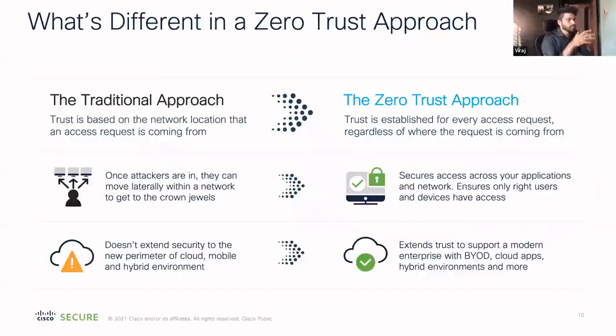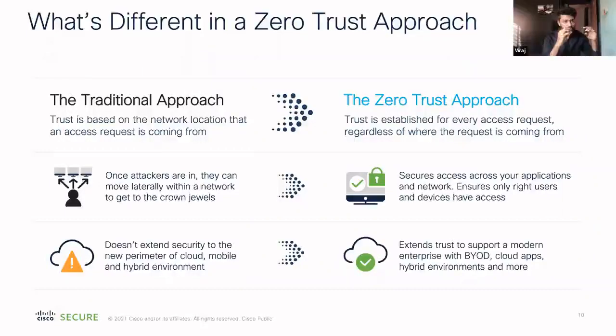So this is what's different in a traditional approach versus a zero trust approach. In a traditional approach, like I said, if you get access to even a single thing in the network, your entire network is exposed, as opposed to zero trust, because now you are continuously verifying the trust and continuously changing your policies to give the access.